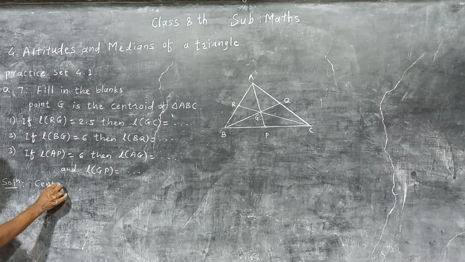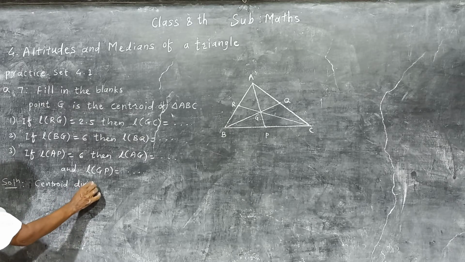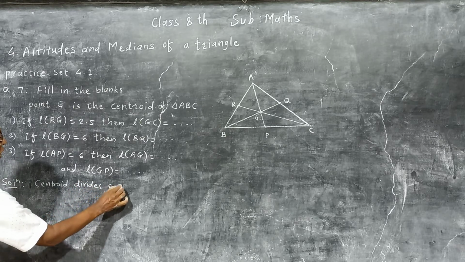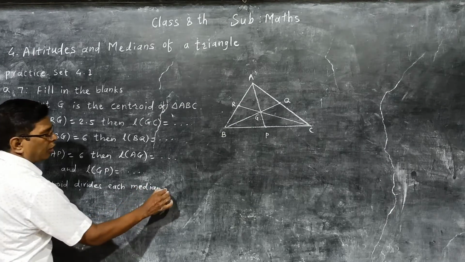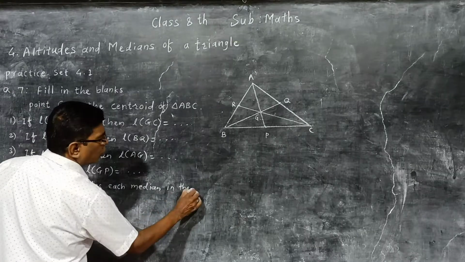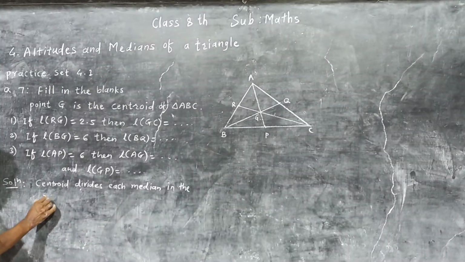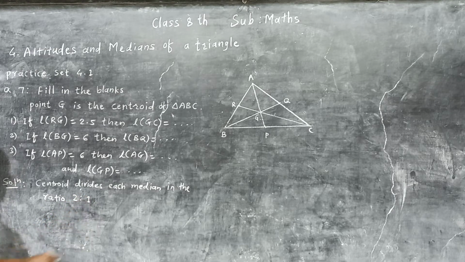Centroid divides each median in the ratio 2:1.